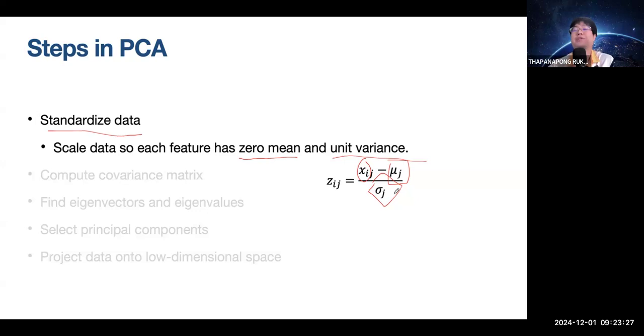So you do each column separately. You calculate the mean of each column, and then you subtract the mean from x, and then you divide it by the standard deviation. So this is the first step, right?